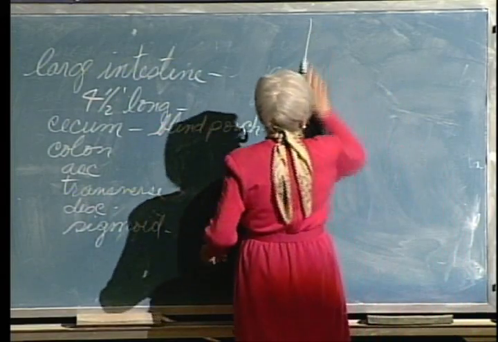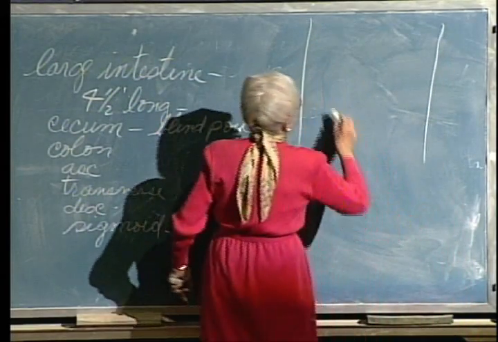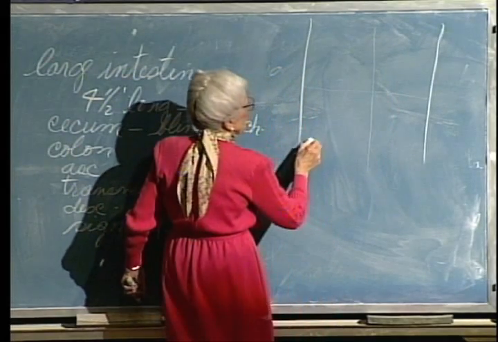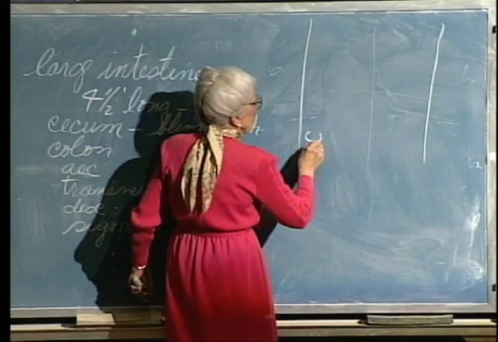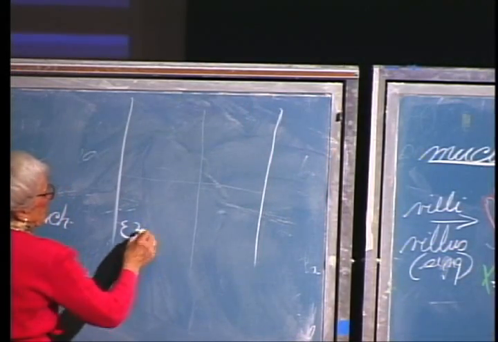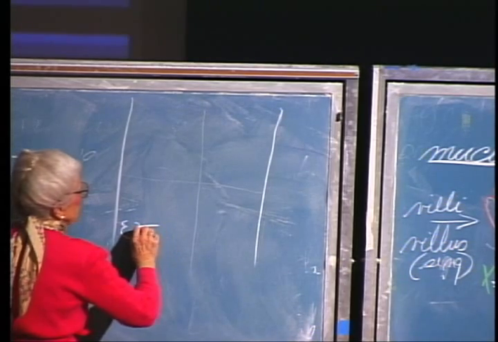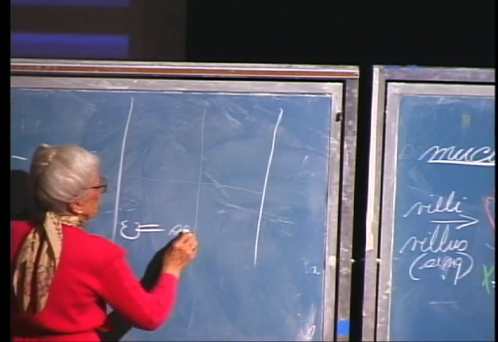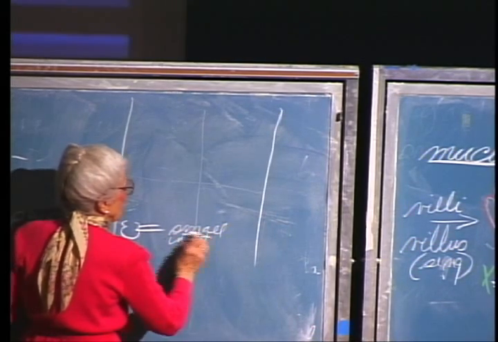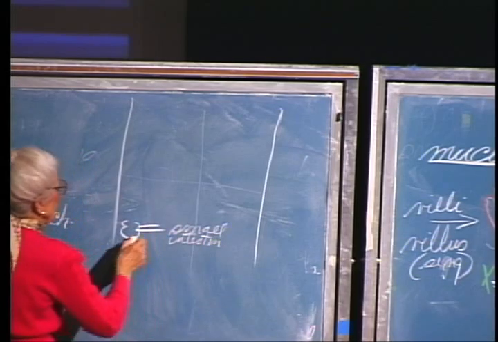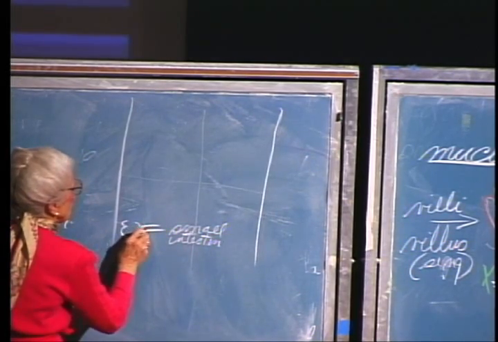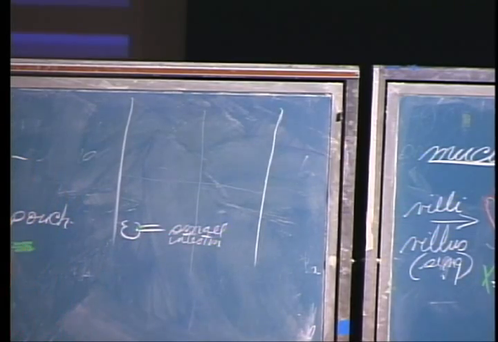So let's just pretend this is our abdominal wall, divided in quadrants. We're going to start over here with this blind pouch. And we have the small intestine coming in here. So what did we call the valve? What do we call this valve?